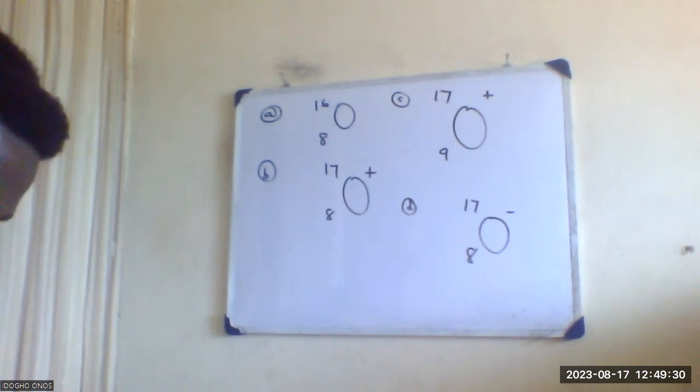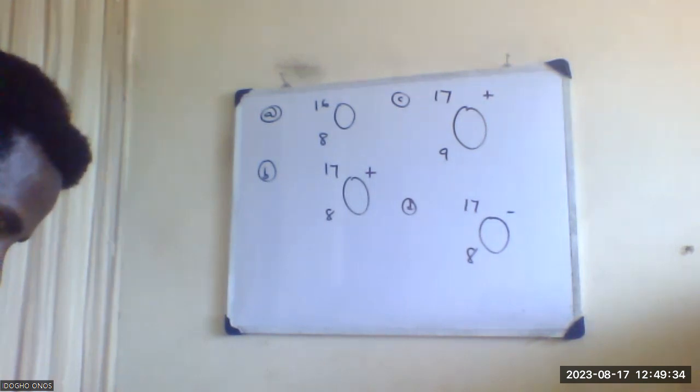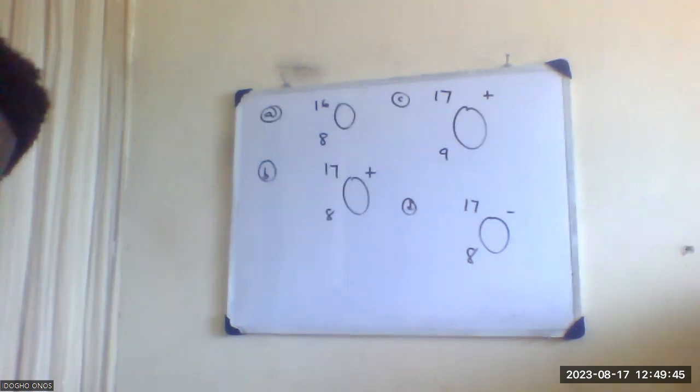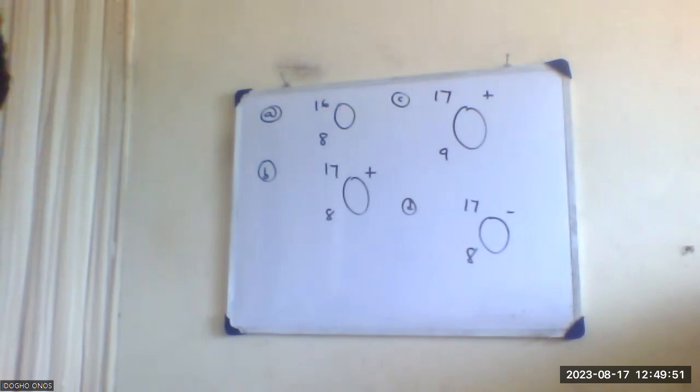The answer is C. Wait, 8 protons, 9 neutrons, 7 electrons. You said the answer is what? The answer is C. Network is cracking. Okay, C. Okay, C is not correct.